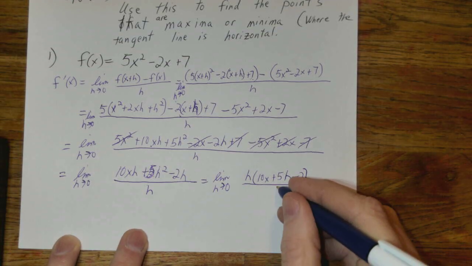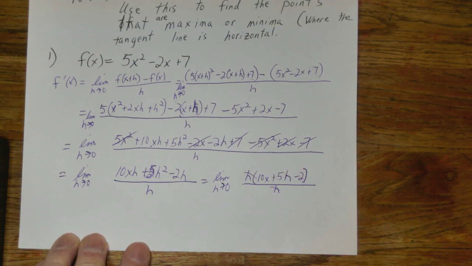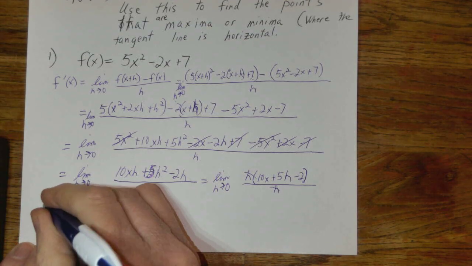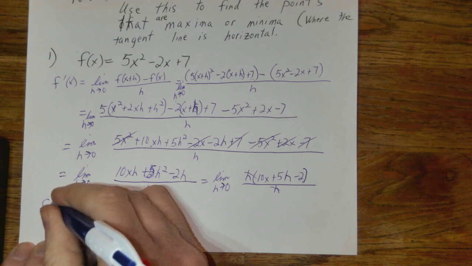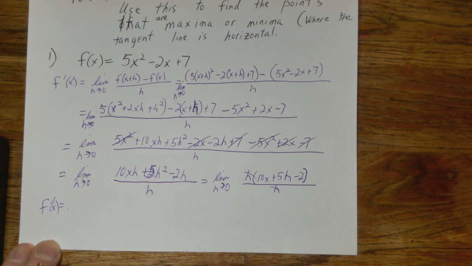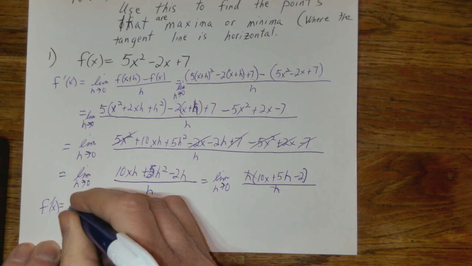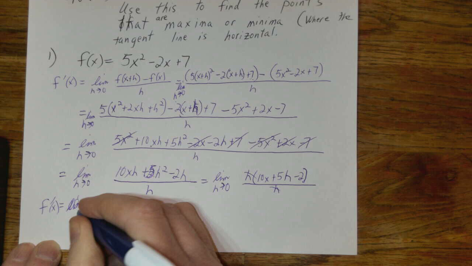Factor out that h on each of those terms in the numerator. Cancel those. And that f prime of x is, well, let me take one more step for the limit.